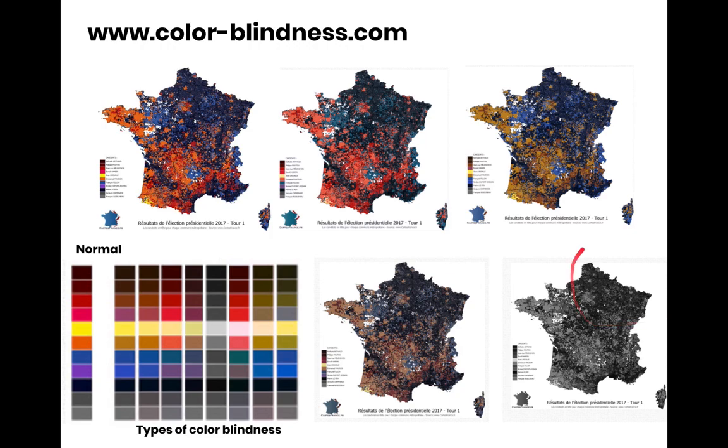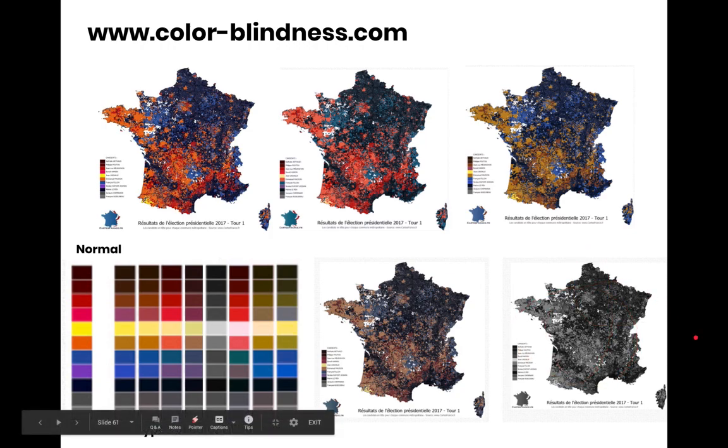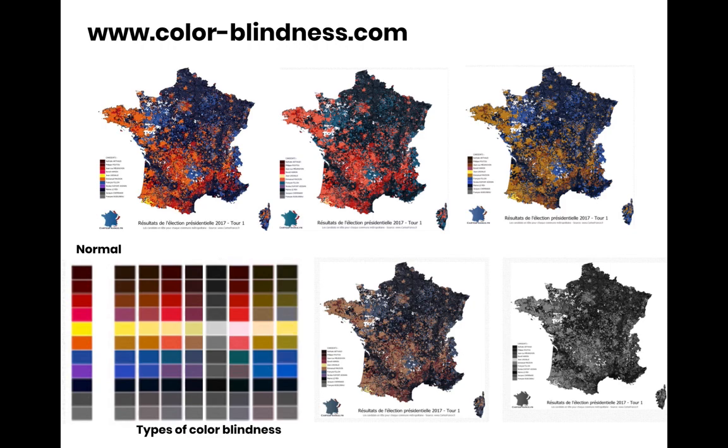For example, it has included the black and white map for comparison. Now, what we can also see from this map is this color scale that this map uses is not at all too bad, because in any of these pictures we still can see the differences between these colors, and there's barely any two colors that have the same value.